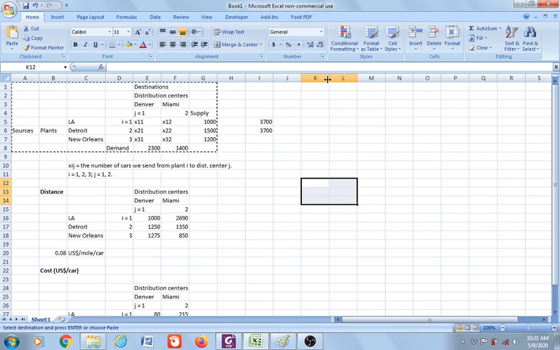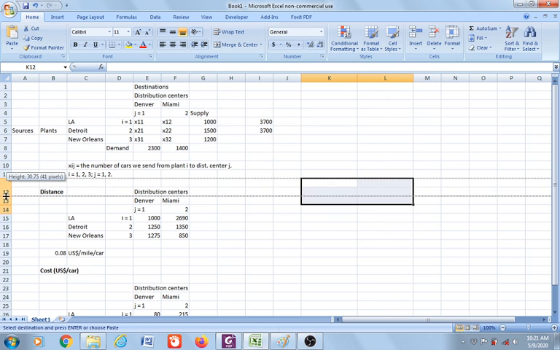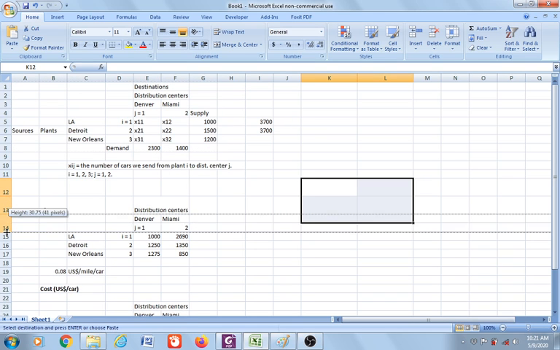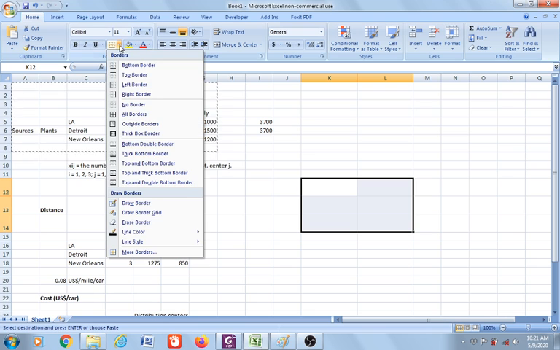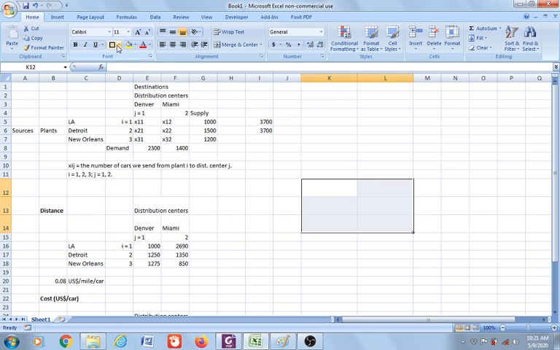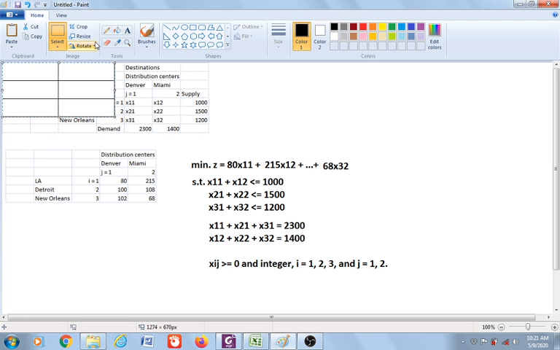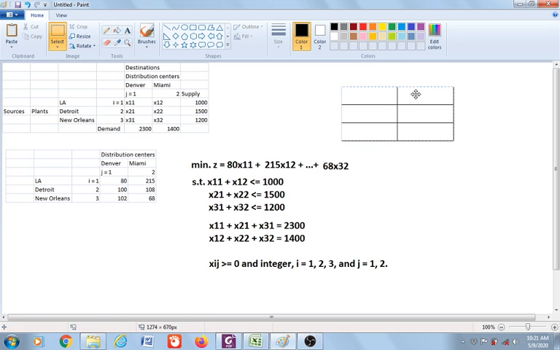I'm going to make it a little bit bigger. Now we have the table, which is 3 rows and 2 columns.